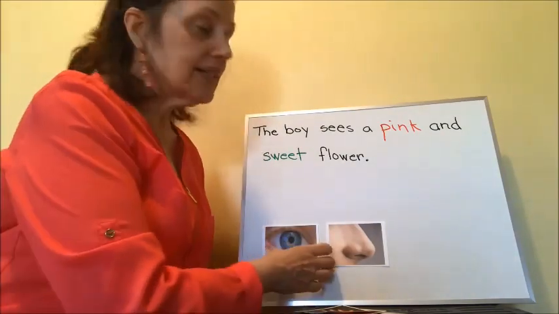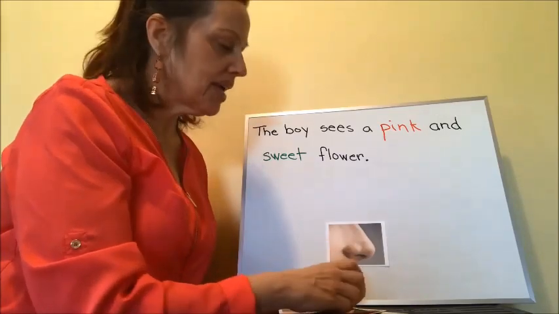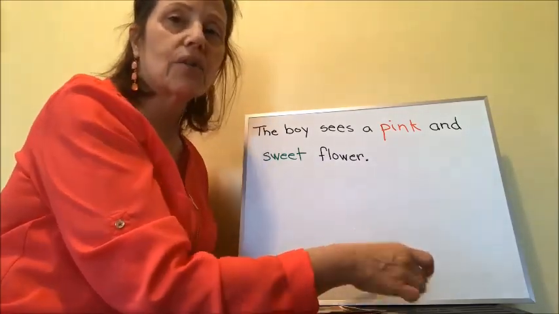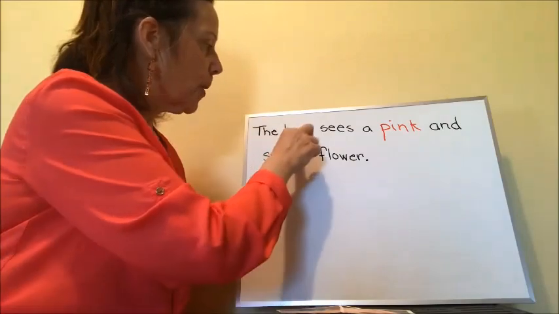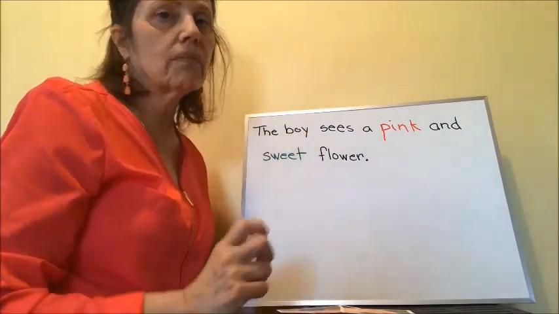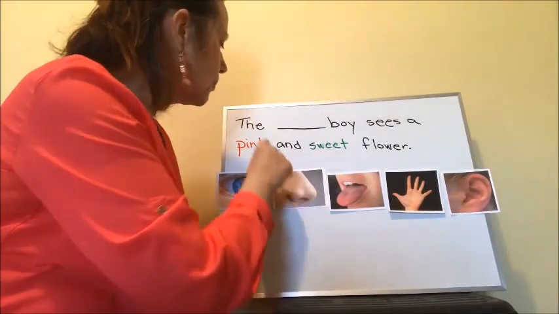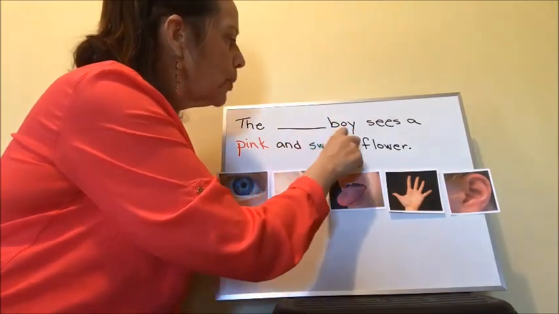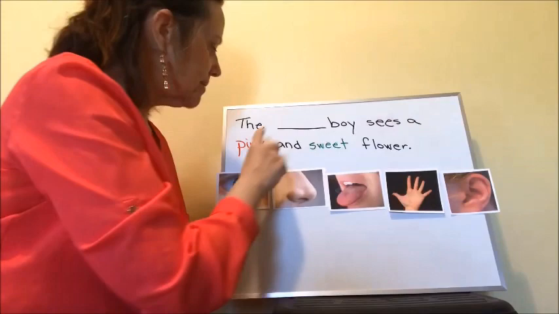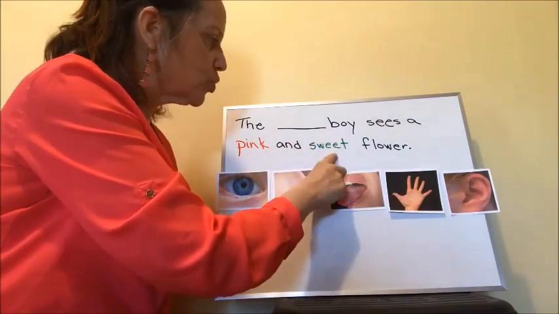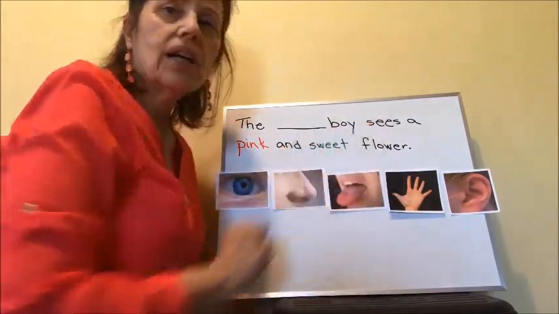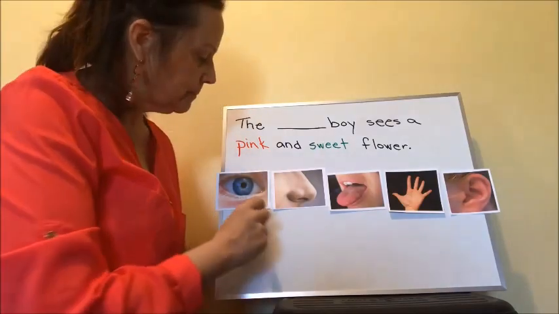All right, let's see now how we can maybe describe the word boy. Okay, so let's look at the sentence that I have now. The blank boy sees a pink and sweet flower. Let's look at our 5 senses.